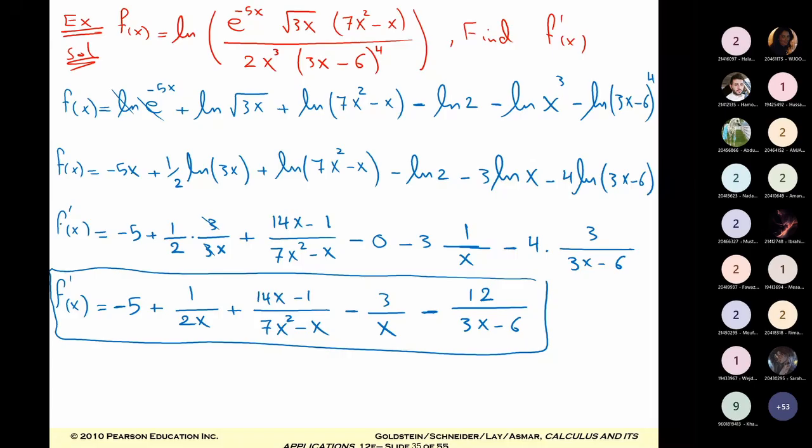Put the 3 outside the ln. So we have 3 ln x, so we have 3 multiply 1 over x. Okay. Now, okay, Afnan. This is not for this chapter or this lecture.